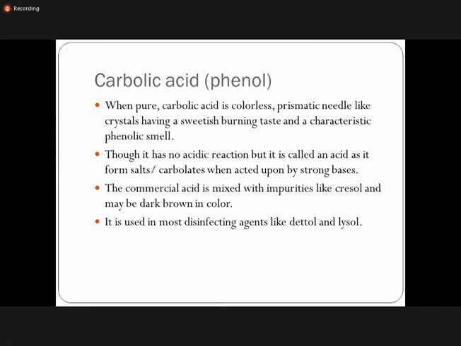Now carbolic acid does not have an acidic reaction. It's not going to have those classic acidic reactions. But why are we classifying it as an acid? Because it forms salts with strong bases.